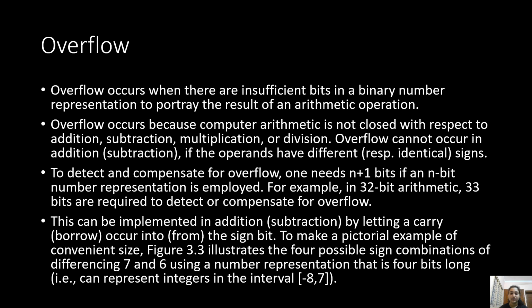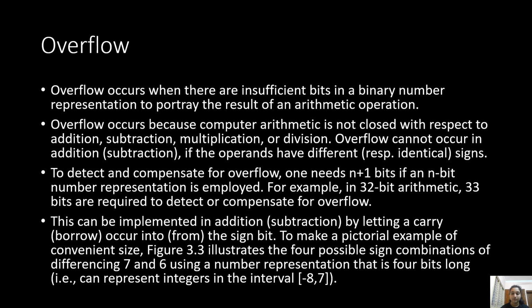Overflow occurs when there are insufficient bits in a binary number representation to portray the result of an arithmetic operation. Overflow occurs because computer arithmetic is not closed with respect to addition, subtraction, multiplication or division. Overflow cannot occur in addition if the operands have different signs.